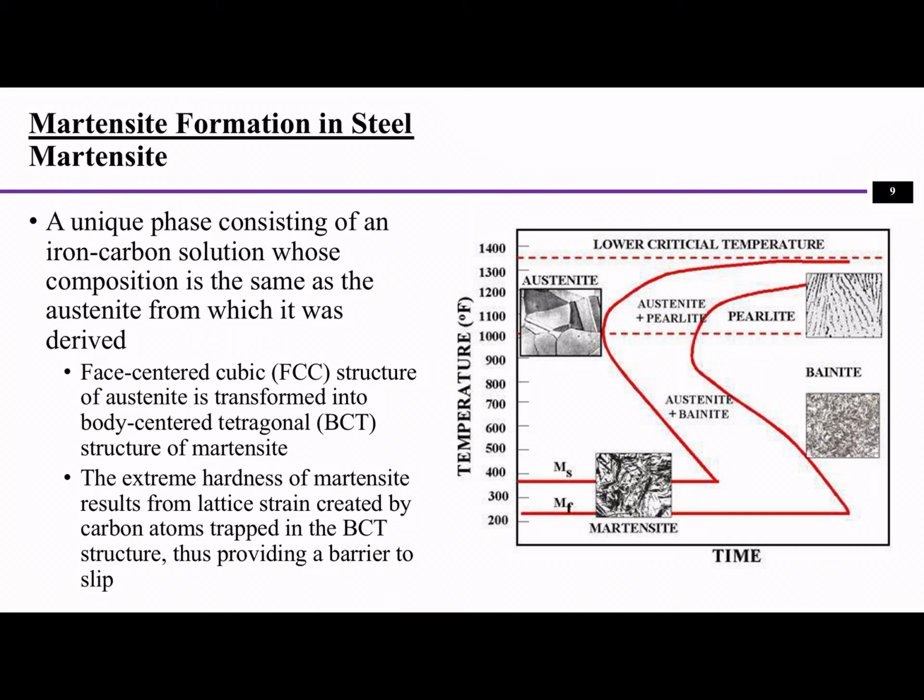And so the extreme hardness of the martensite actually results from the lattice strain created by the carbon atoms trapped in the body-centered tetragonal structure. So this is how it provides a barrier to slip.